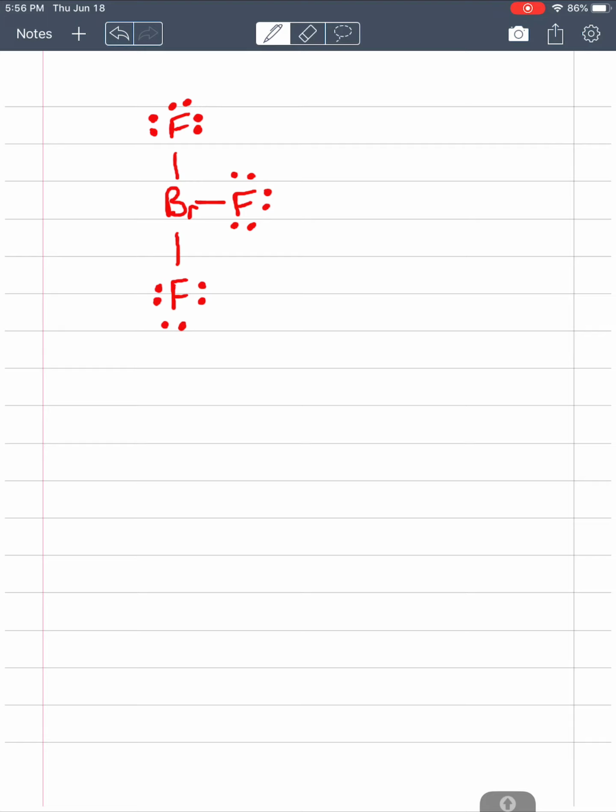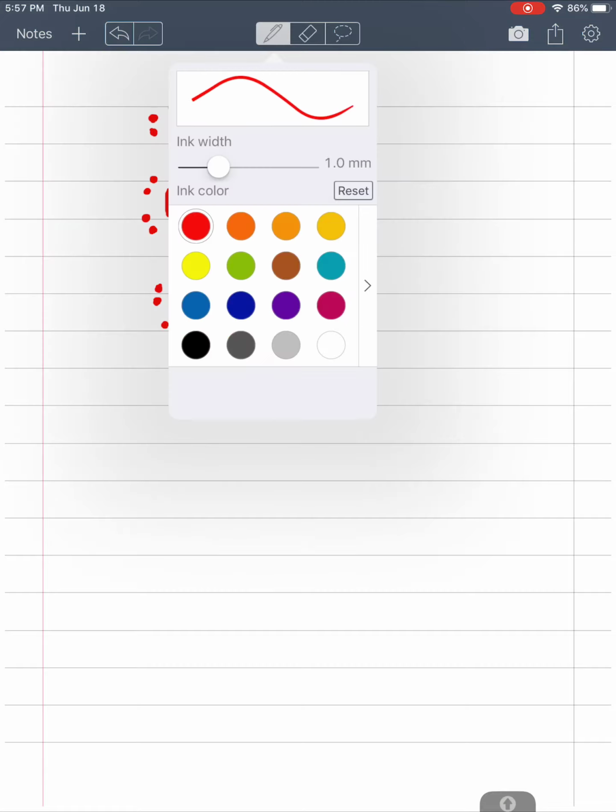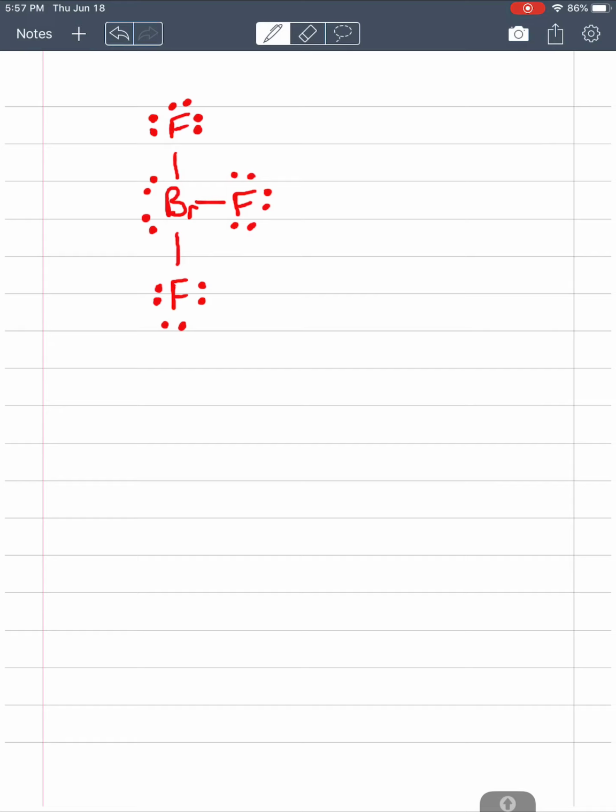But in this case, we're going to do bromine instead, so that we can put the lone pairs on it. All right. So we've replaced 2 of the equatorial positions with lone pairs. So let's count groups. 1, 2, 3, 4, 5. 5 groups. So 5 groups is trigonal bipyramidal.